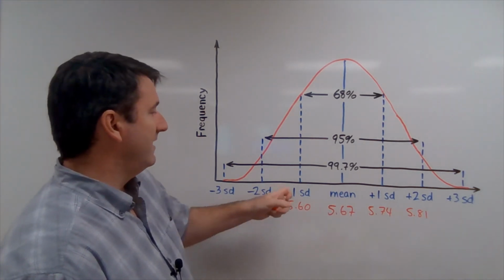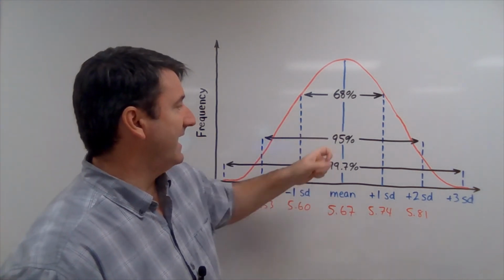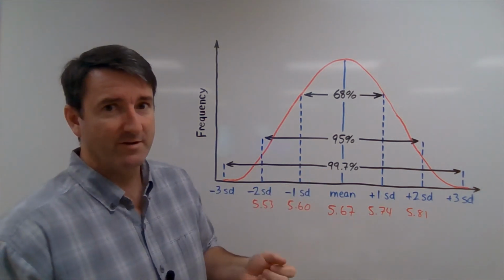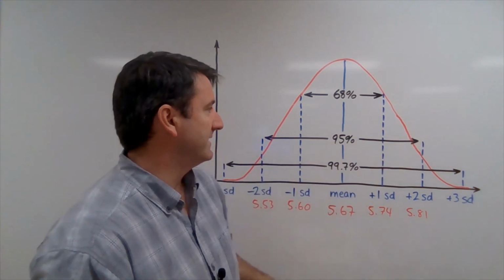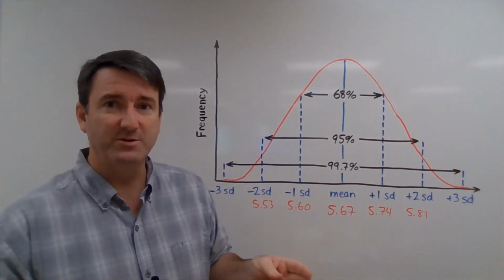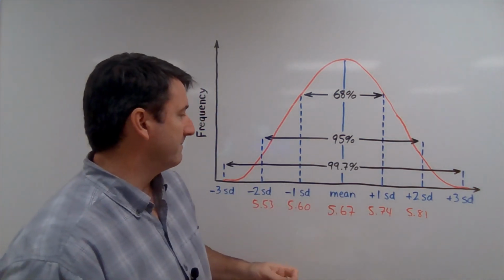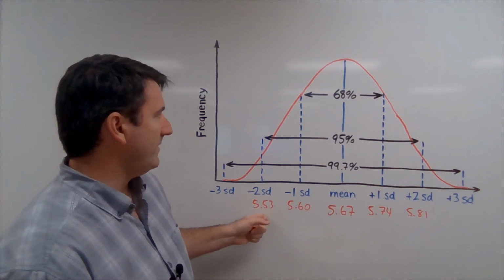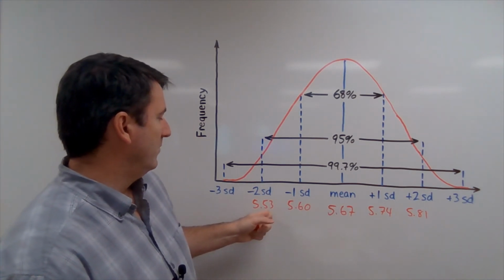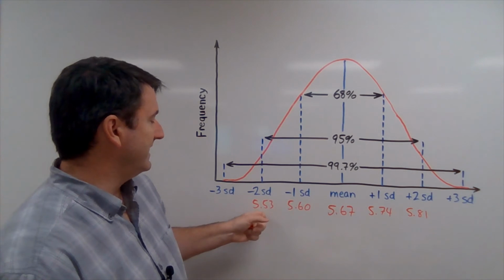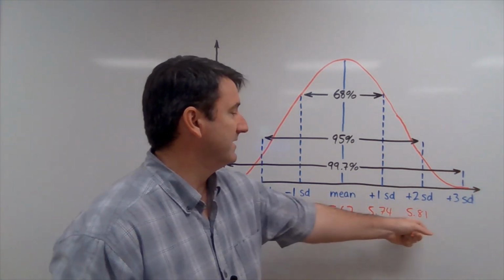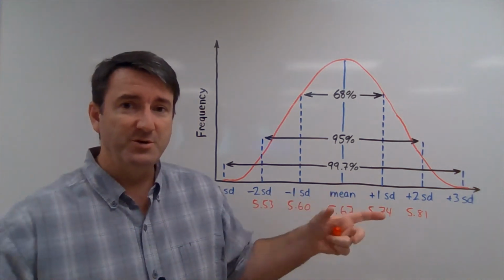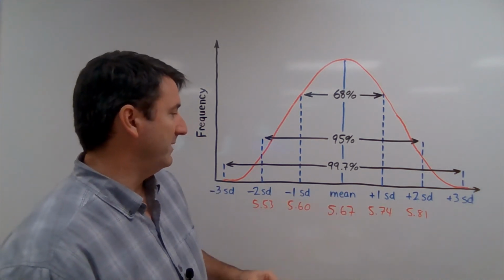And so you can see from our 68, 95, 99.7 rule that 95% of values are going to lie within two standard deviations of the mean. And we were told that it's going to reject anything below 5.53 and above 5.81. Notice that those values are two standard deviations away from our mean.